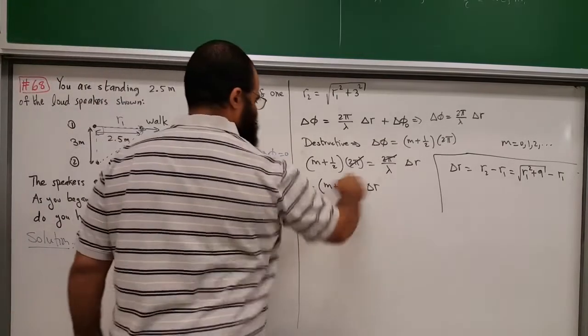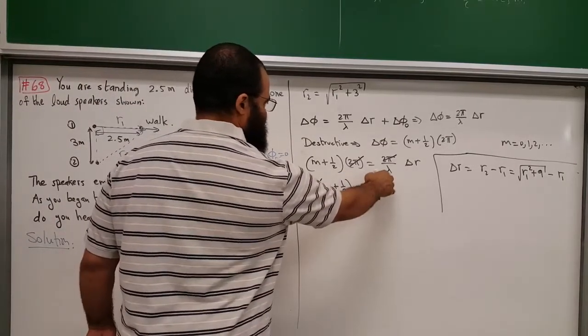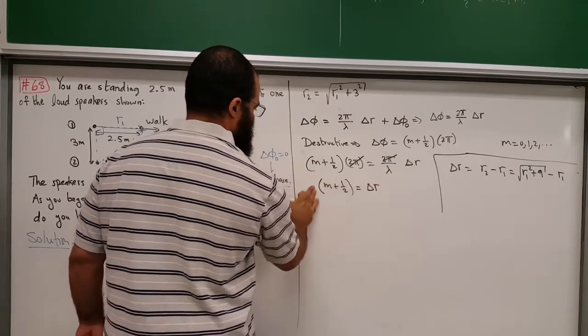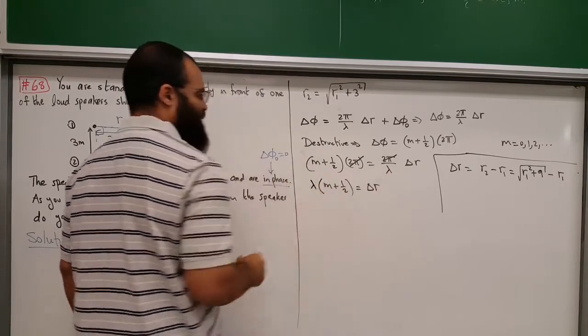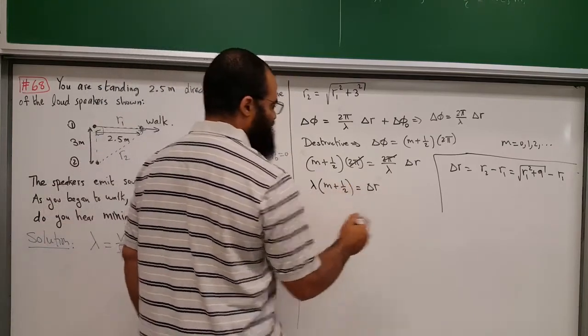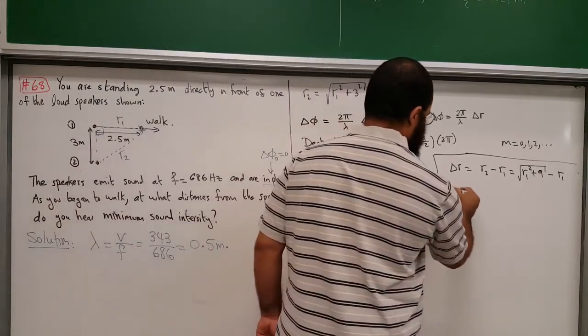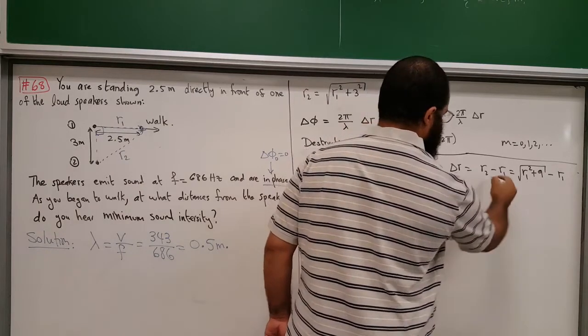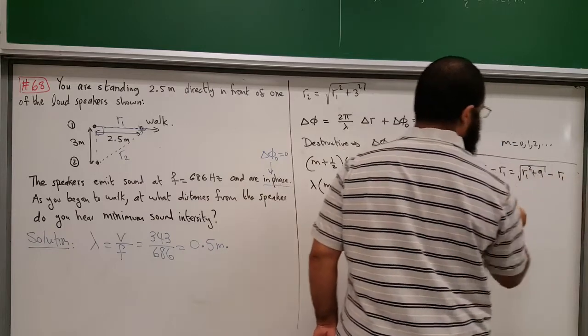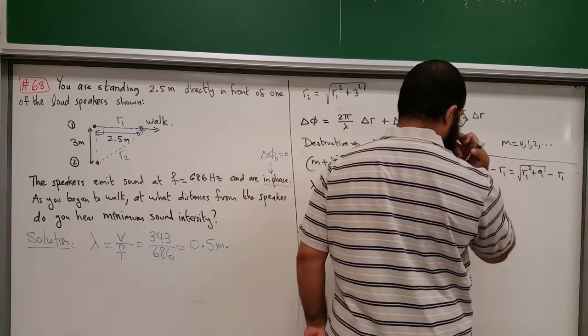By the way, instead of having this annoying 1/2, let's do it in general with lambda. I'll just multiply by lambda. If I square both sides, delta r squared will give me this squared plus this squared, minus 2 times the product of both of them.